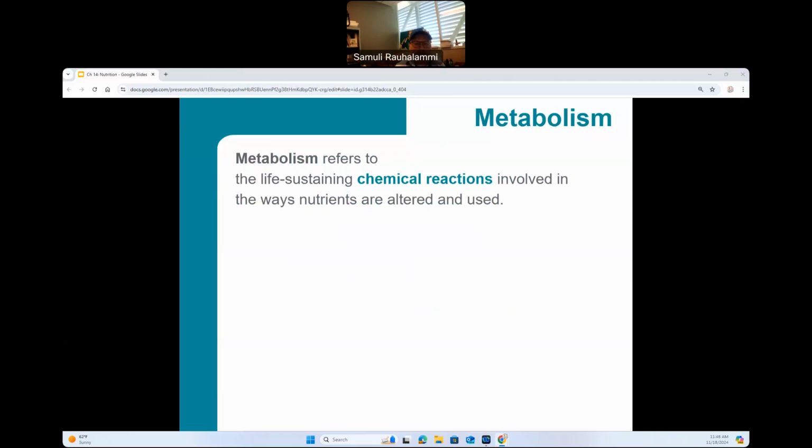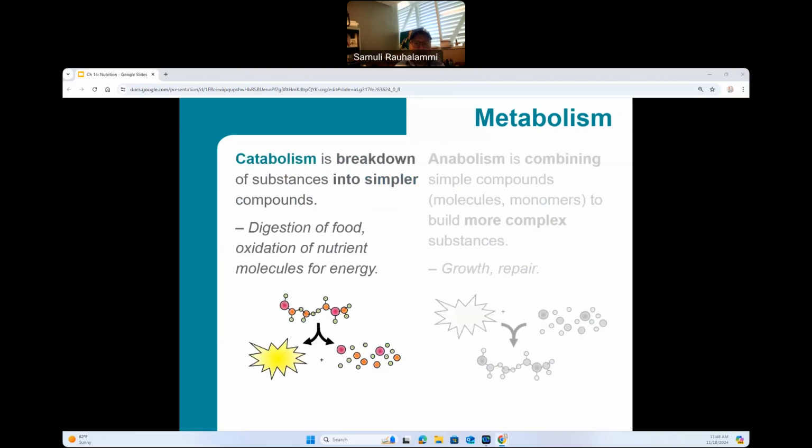There are really two metabolic processes that I want us to be comfortable and familiar with. Let's start with catabolism. Catabolism refers to breaking down larger molecules into smaller ones. As we're breaking these larger molecules into smaller molecules, we end up releasing energy that has been stored in the bonds between these particles.